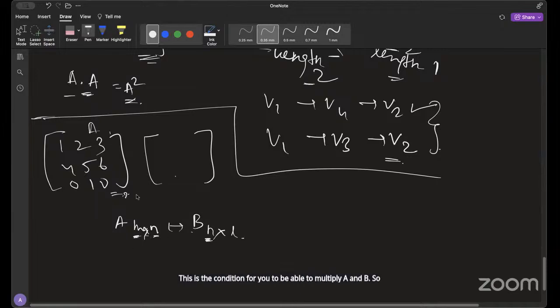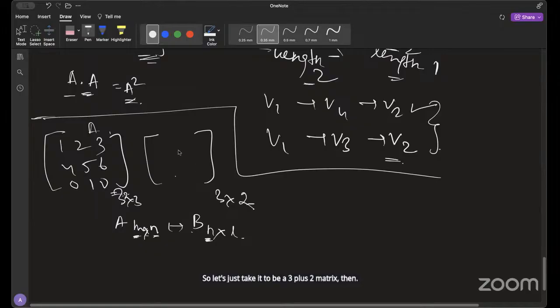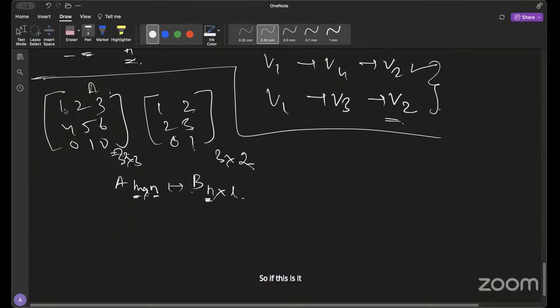So if this is A, a 3 cross 3 matrix, you need B to be a 3 cross something matrix. Let's just take it to be a 3 cross 2 matrix, so this will be 1, 2, 2, 3, and 0, 1. What you do is you first multiply 1 with 1, then add this multiplication and this multiplication, and then you get your first entry.